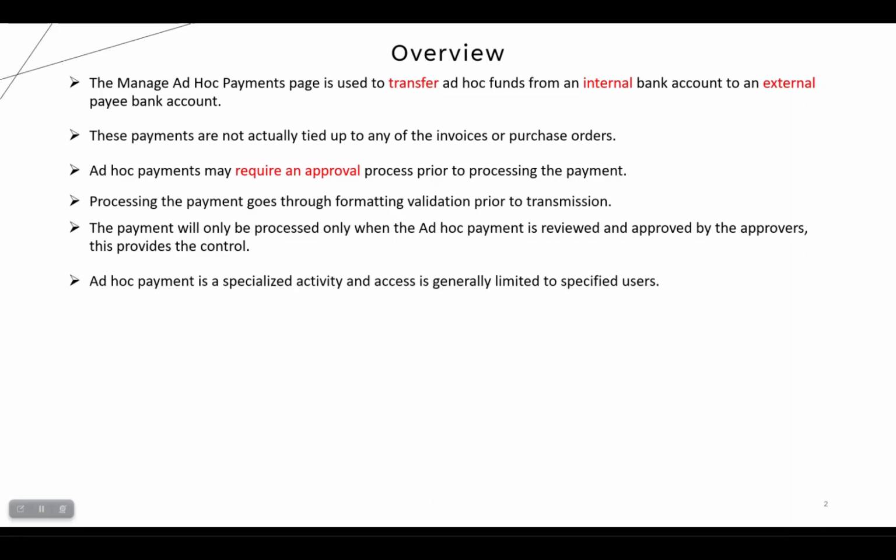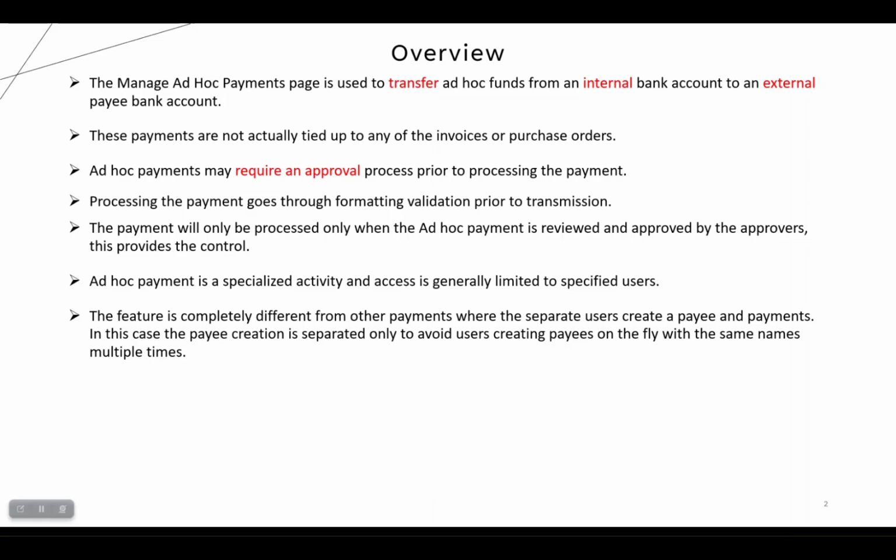Ad hoc payment is a specialized activity and access is generally limited to specific users. This is completely different from other payments, where separate users create the payee and the payment. In this case, payee creation is separated to avoid users creating payees on the fly with the same names multiple times.